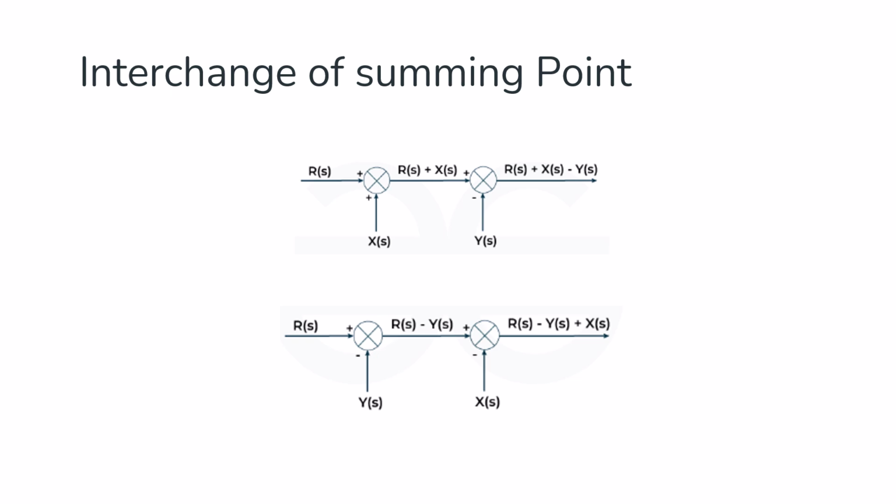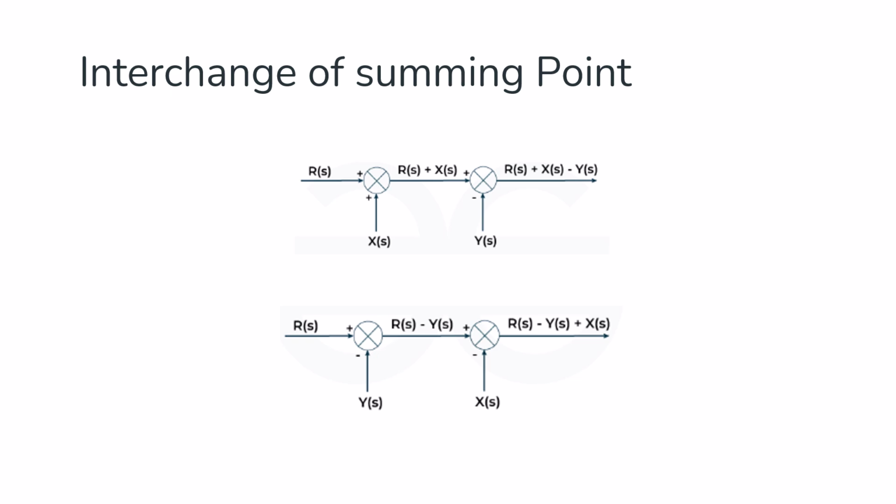Now, suppose we interchange the summing points. Here you can see in the first summer we have inputs R(s) and X(s), and in the second summer we have Y(s), resulting in the output R(s) plus X(s) minus Y(s).